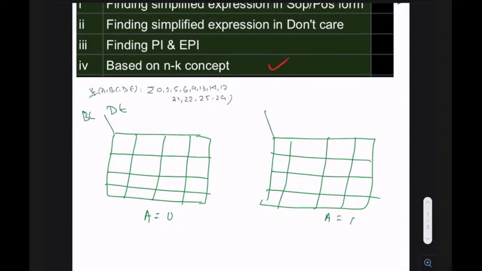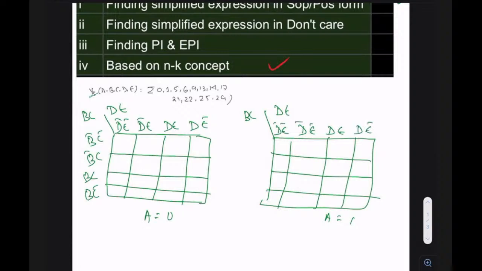BC, DE. Again, you have BC and DE. B bar C bar, B bar C, BC, and BC bar. D bar E bar, D bar E, DE, and DE bar. Similarly for the other map.